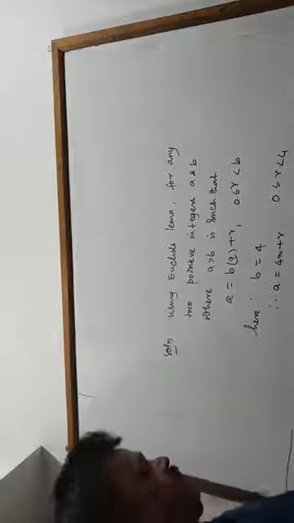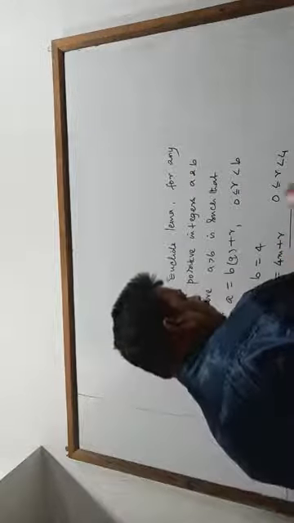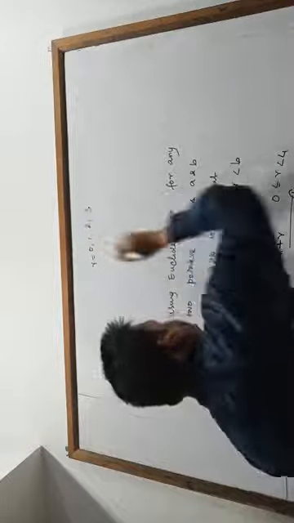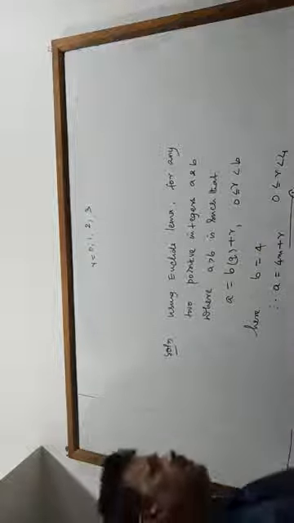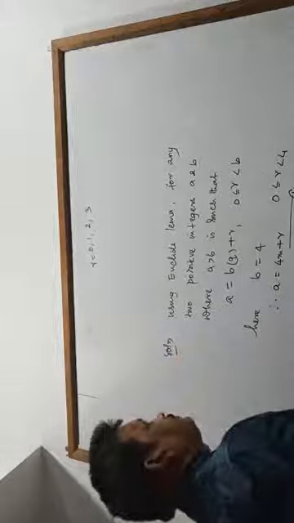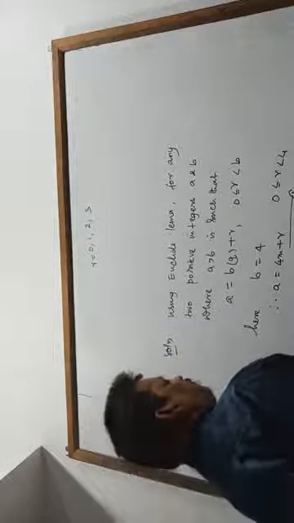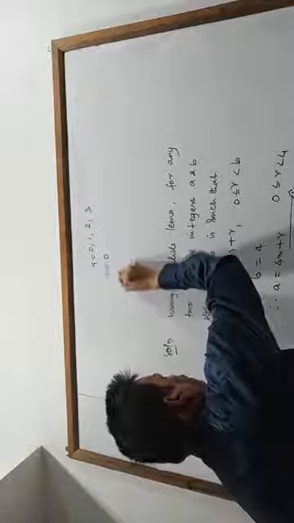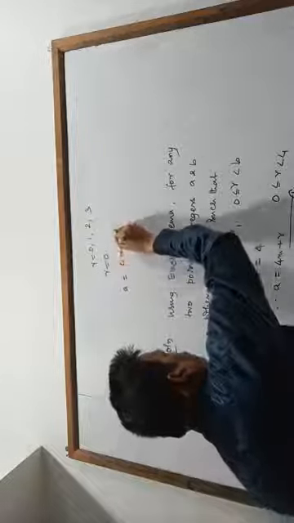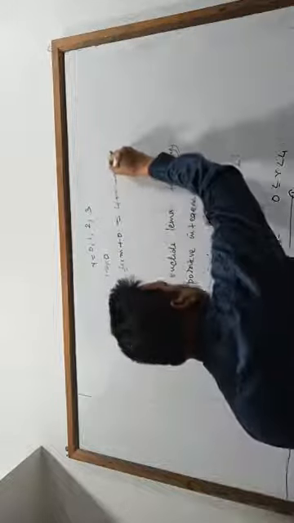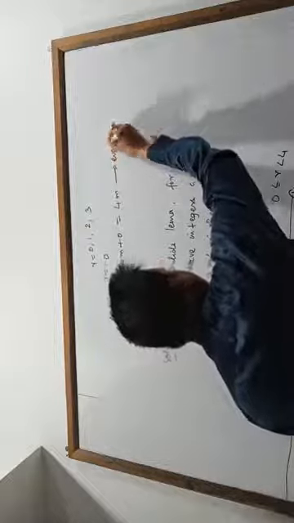So put R equals 0, 1, 2, 3. This is your main question. If I write R equals 0, A will be 4m plus 0, that is 4m. 4 times any number is even, not odd.